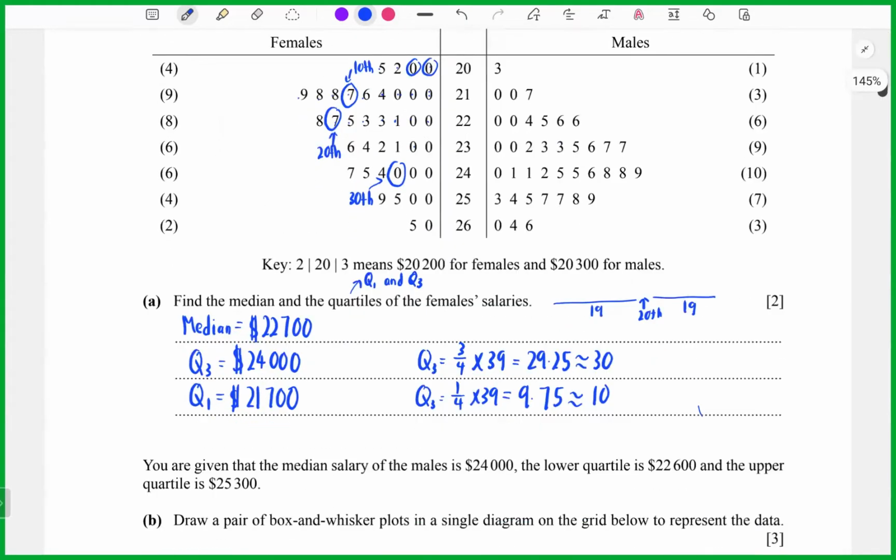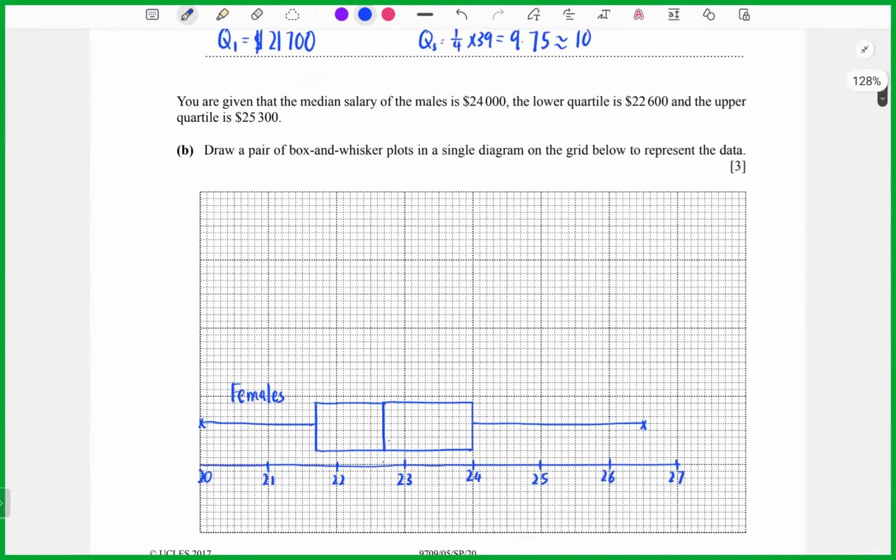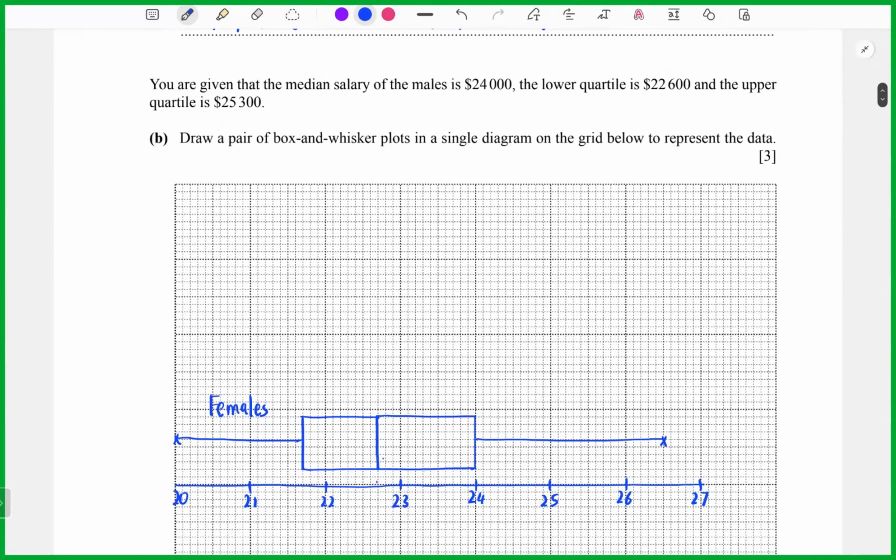Now we look at the males. The male data is already given here, so we just follow it. Wait a minute. Female here, and the lower quartile. Now we can close the box.